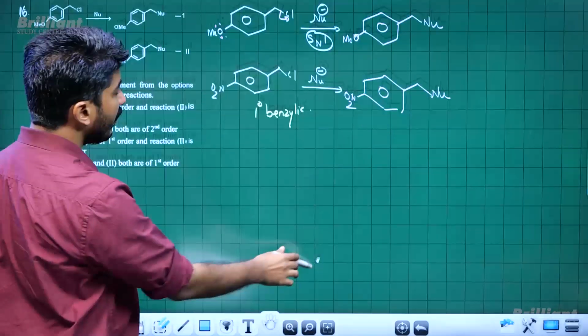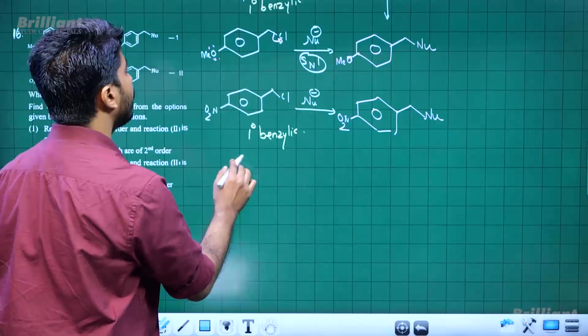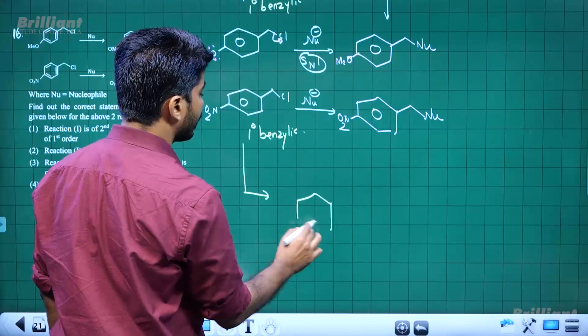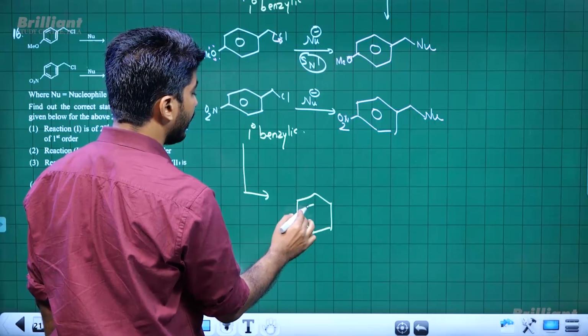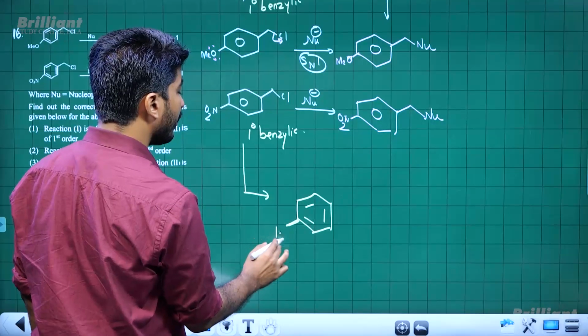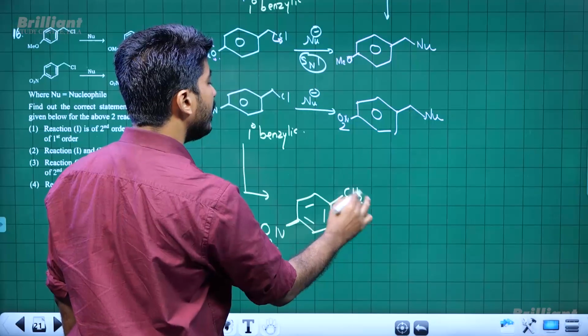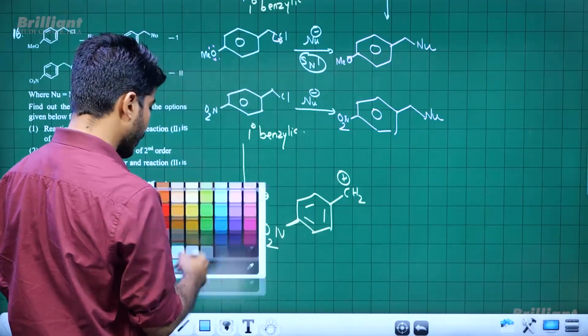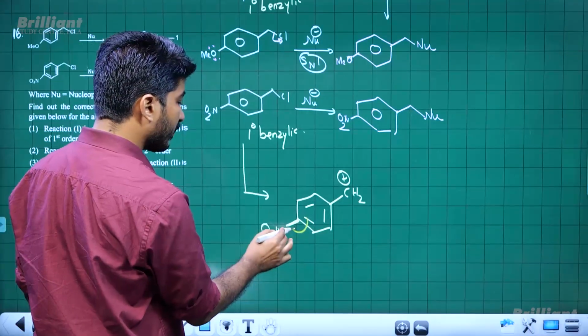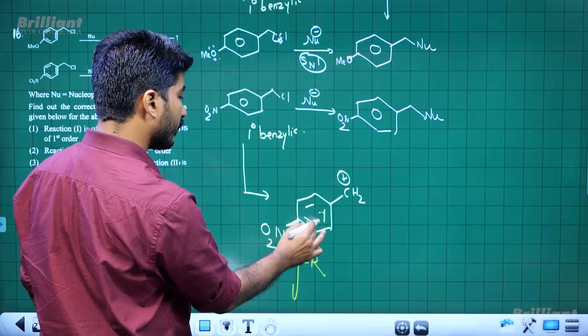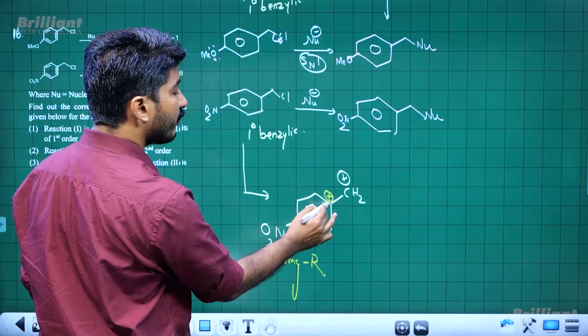But in the second case, that carbocation does not form, because it will be highly destabilized by the strong minus R group. You can see that this is a strong minus R group, so it will create a positive charge on this carbon.